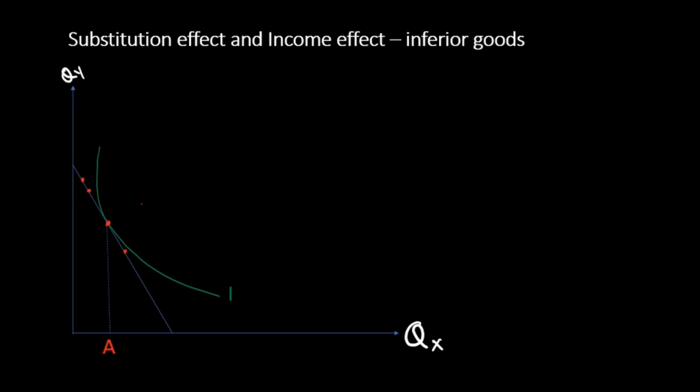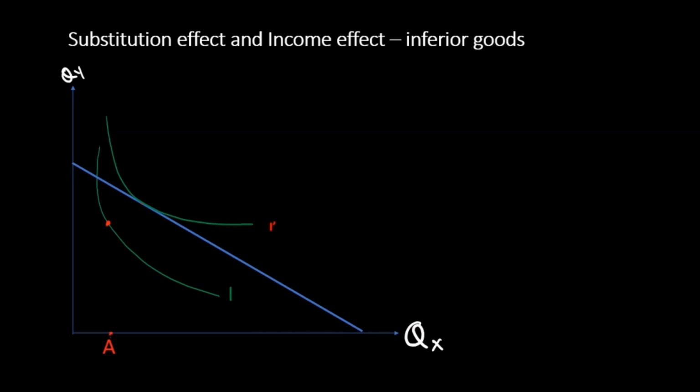Obviously, as per the law of demand, the quantity demanded for good X will increase. So now I have a new budget line and a new indifference curve.